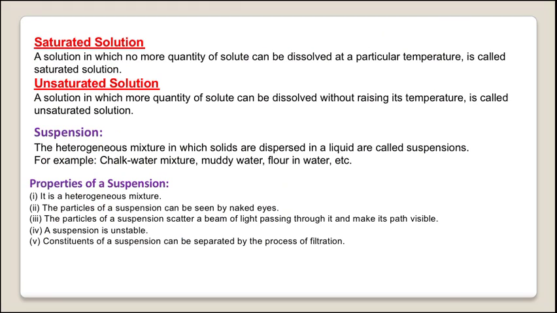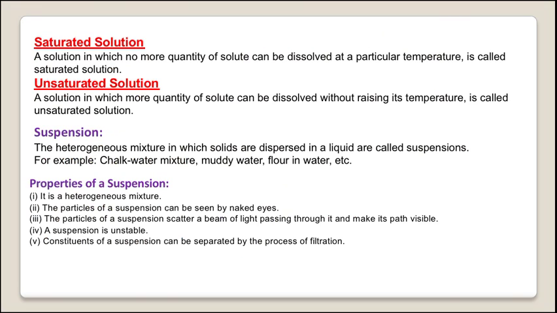Whereas unsaturated is a solution in which more solute can be dissolved at a given temperature. If we dissolve more and more sugar in water and it keeps dissolving at that temperature, it is unsaturated, and if it stops dissolving the sugar, that means the solution has become saturated.